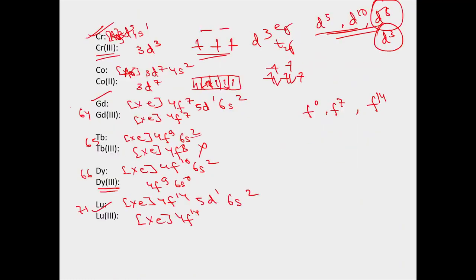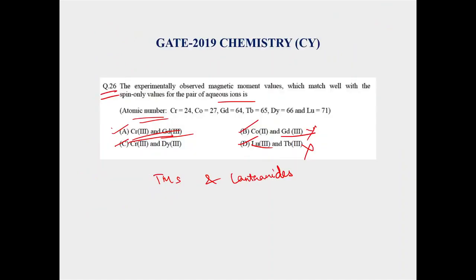I am sure that gadolinium and lutetium are not having it, but for chromium 3+, I will read this properly and get back. Ma'am, the t2g set of orbitals having unsymmetrical electrons shows orbital contribution.